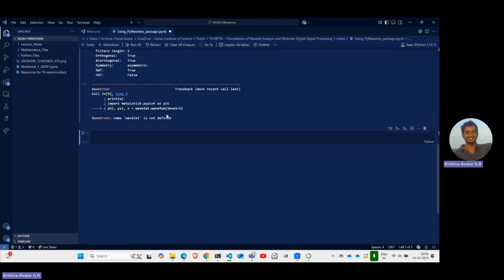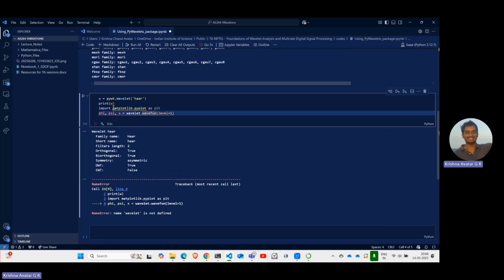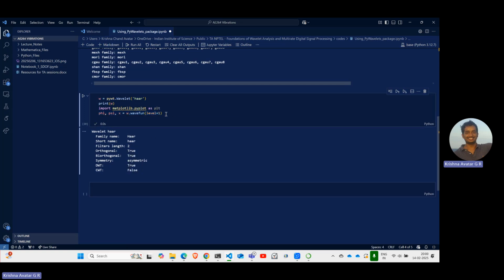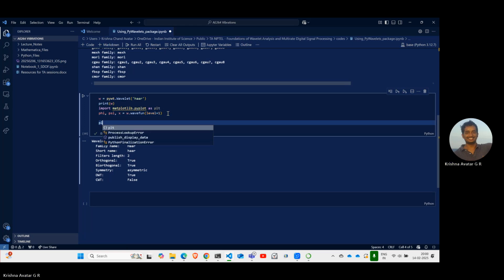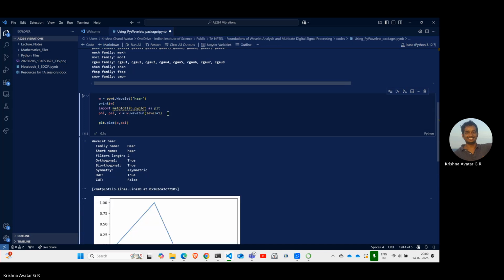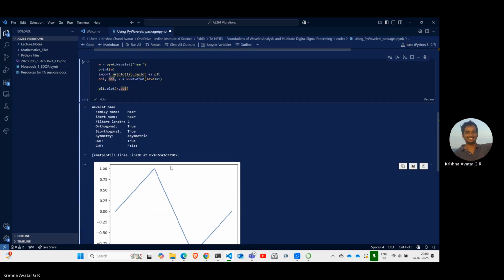Run it. So it's not wavelet. We'll just have to call w because that's what we have defined. Control enter. Okay, it's giving us quite a few values. Let's plot it. So this is how it looks, right?